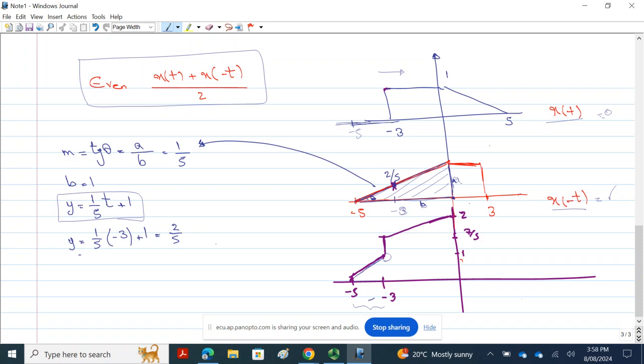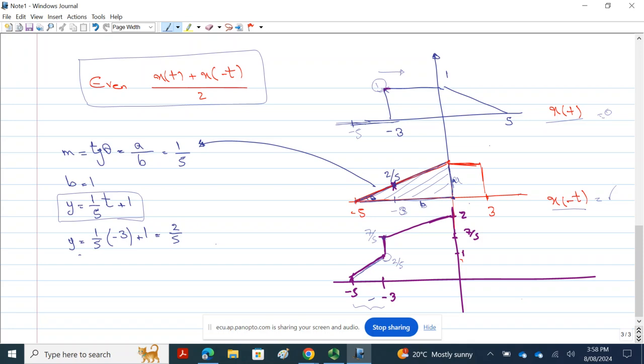Before minus 3, it was 0. So if I add 1, which is the value here, to 2 over 5, it gives me 7 over 5. That's my 2 over 5.